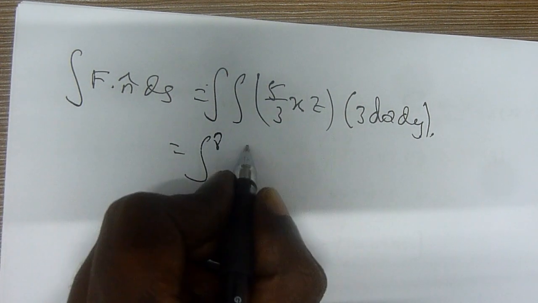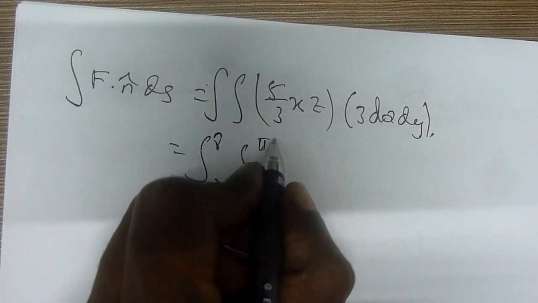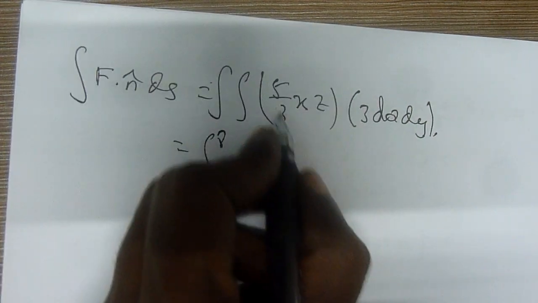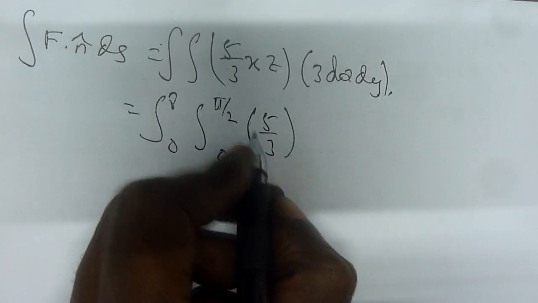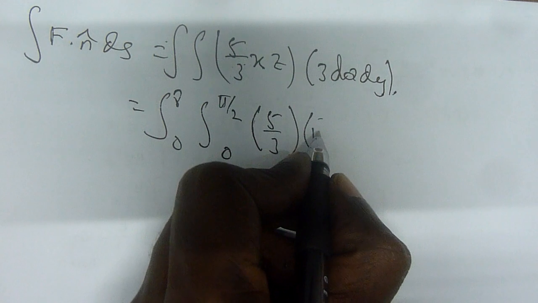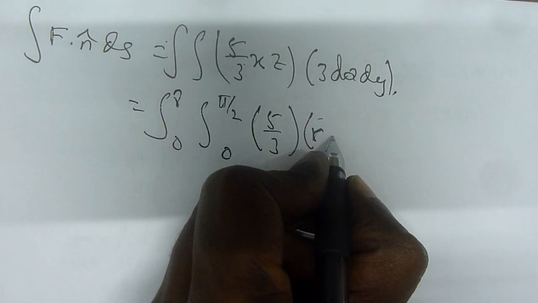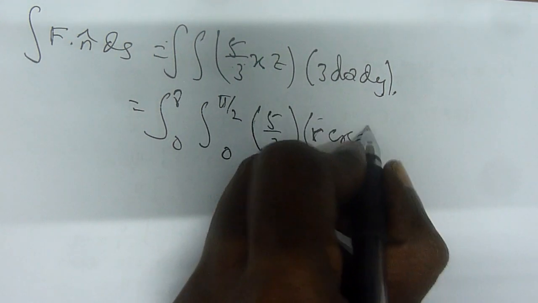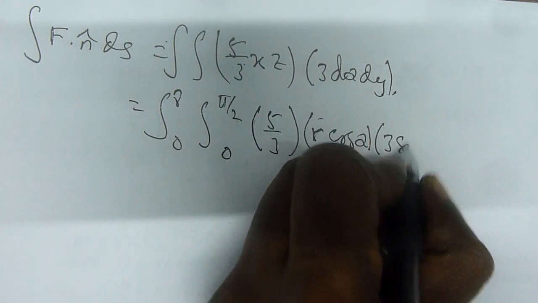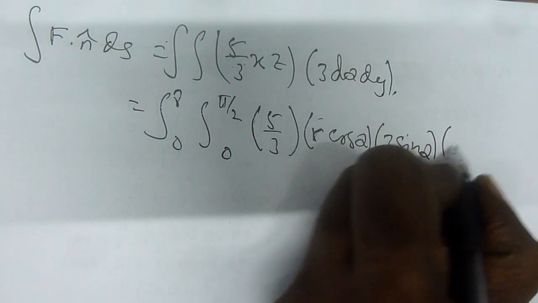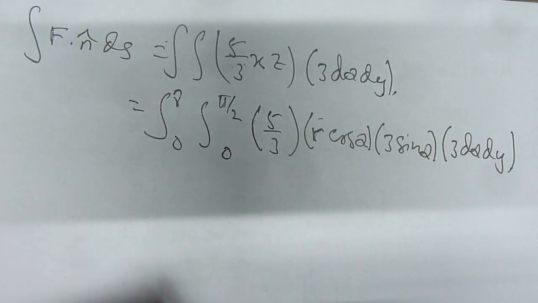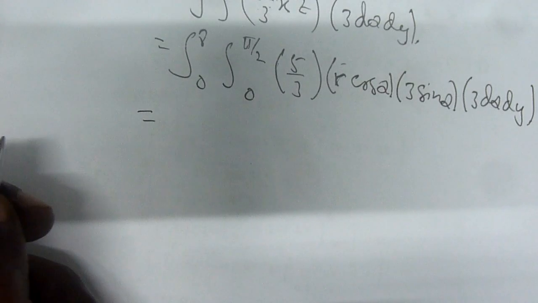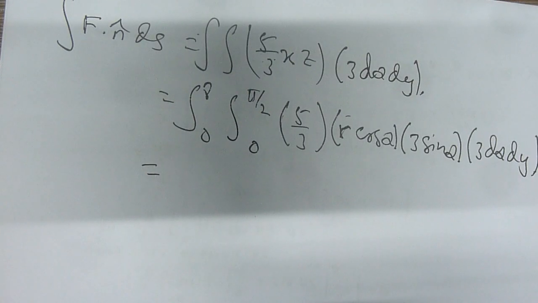Again, this y is from 0 to 4, theta is from 0 to pi over 2, and the 5 over 3, don't disturb this. x is r cos theta, z is 3 sin theta, times 3 d theta dy. Combine. Can you follow or not?